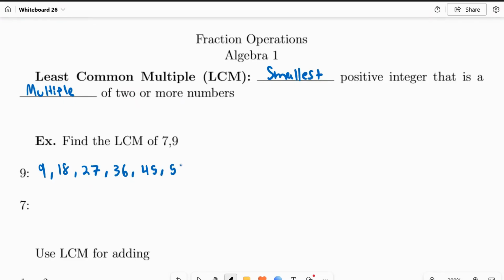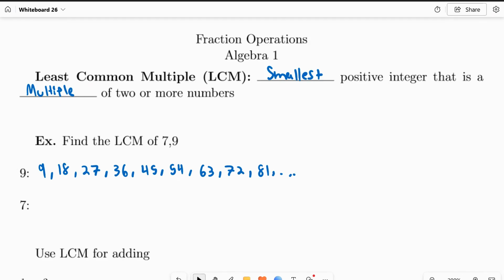Times 6 is 54. Times 7 is 63. Times 8 is 72. 9 times 9 is 81. So on and so forth. We could keep going forever, but we just need to list a couple because we are trying to find the smallest one that is common between these two numbers.